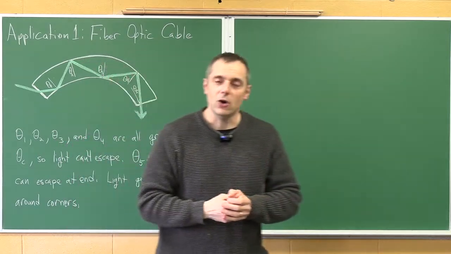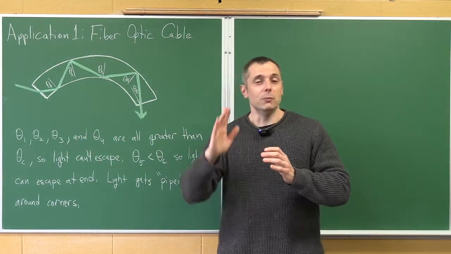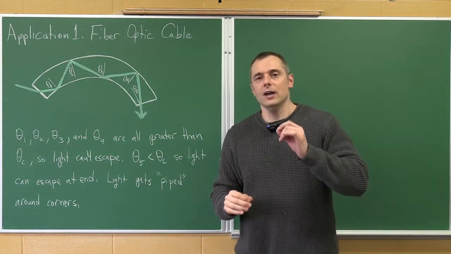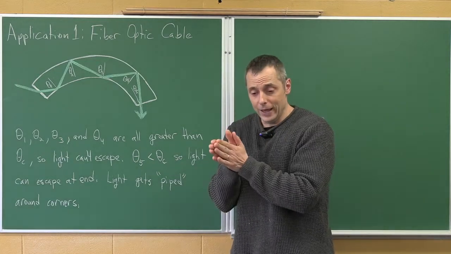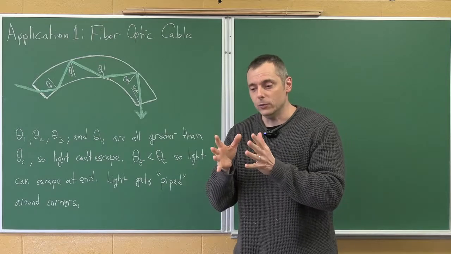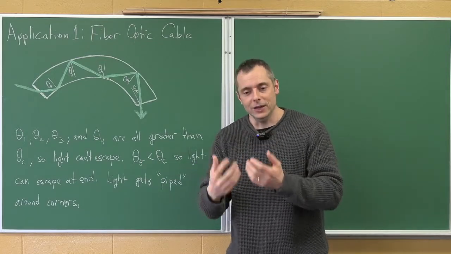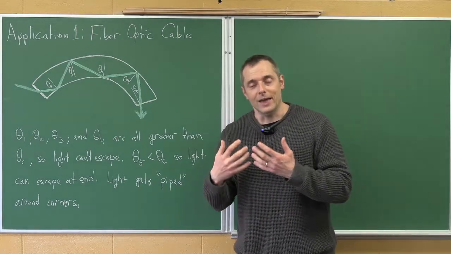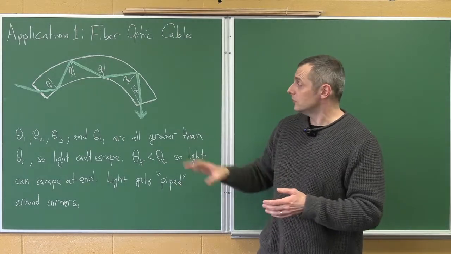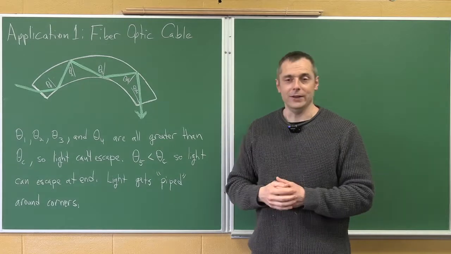So the light can go from one side of the country, over mountains and into valleys, in a fiber optic cable. It can go around corners in a house, through walls into an internet box, and then get converted to your internet signal. So that's how fiber optics works, trapping light through the critical angle.